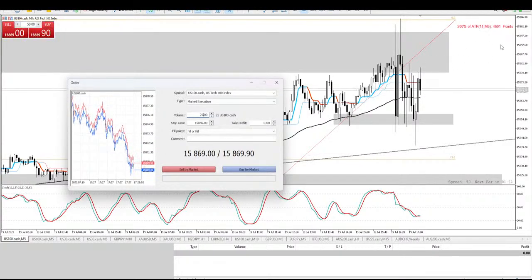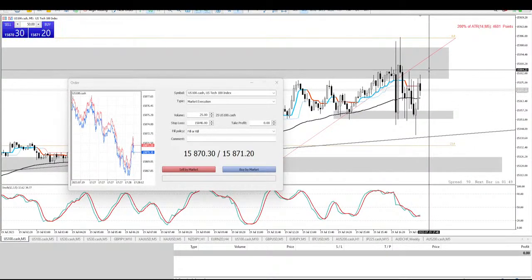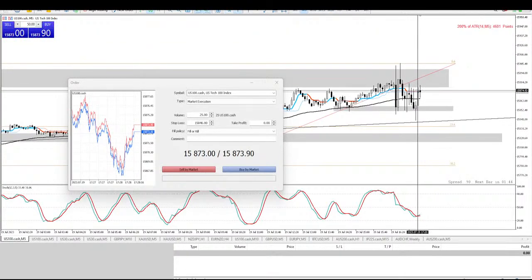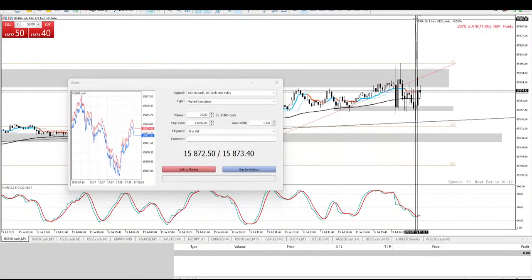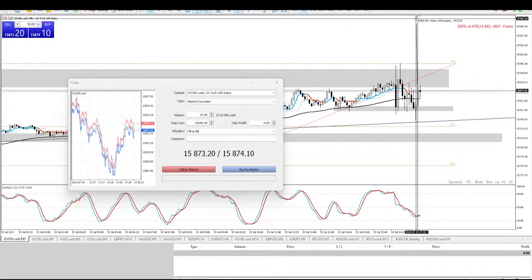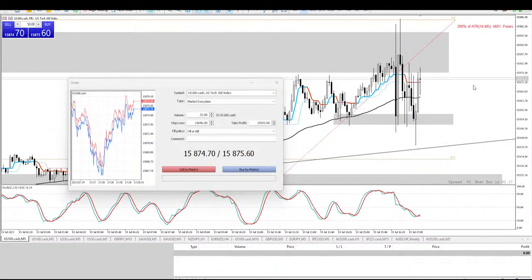I'm not gonna set a take profit. Let's see. We're gonna do double the risk. So about 15,955. So it's a 1 to 2.